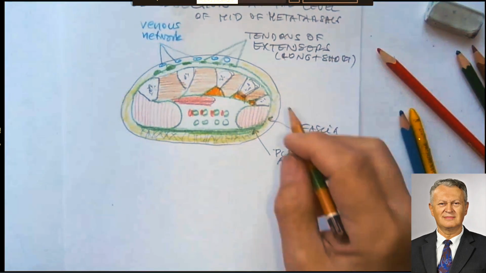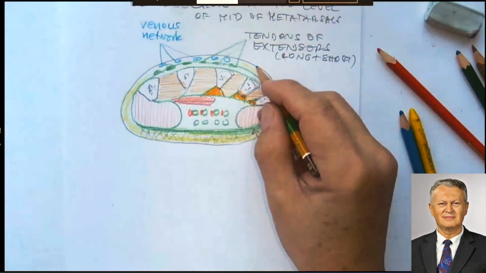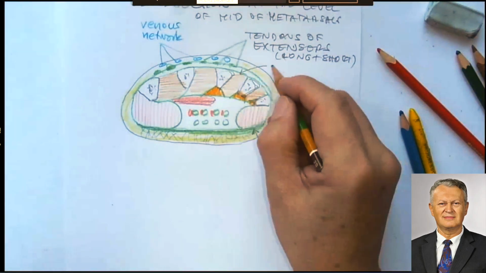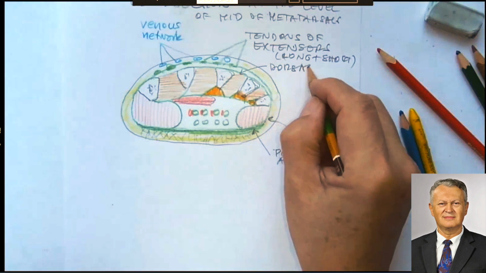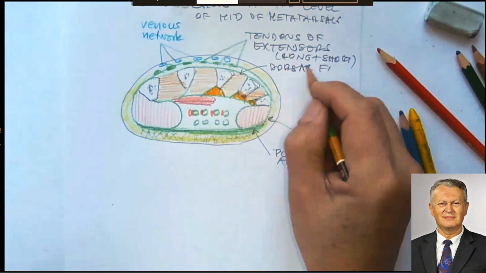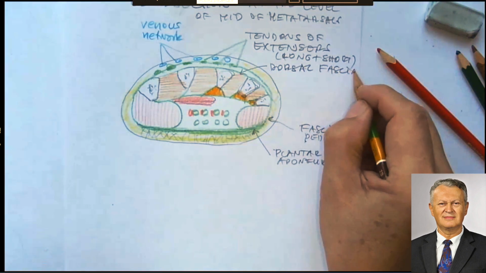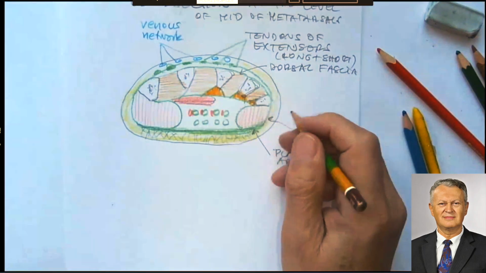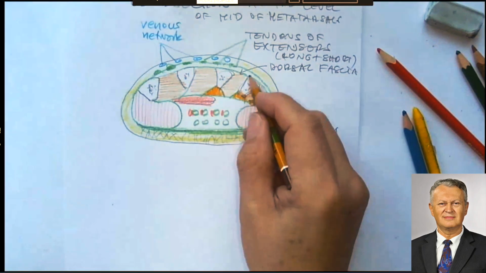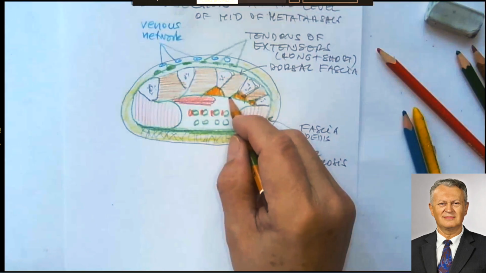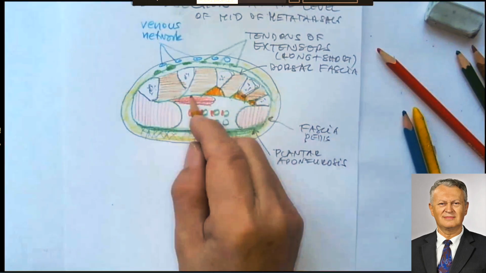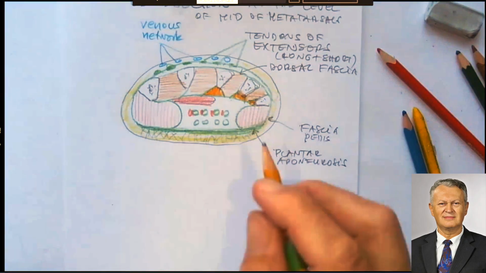Good. Then intertendinous fascia will not be named, but that one is the dorsal fascia. This dorsal fascia is in fact also interossal fascia. Here is the plantar interosseous fascia, maybe that's not necessary to mention.